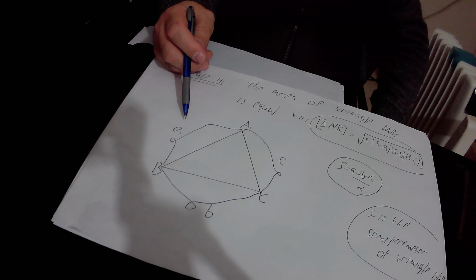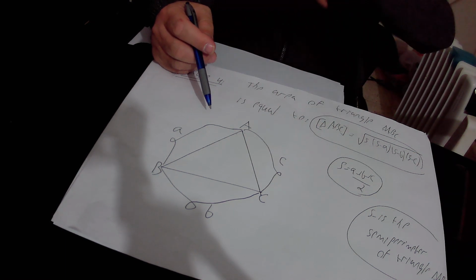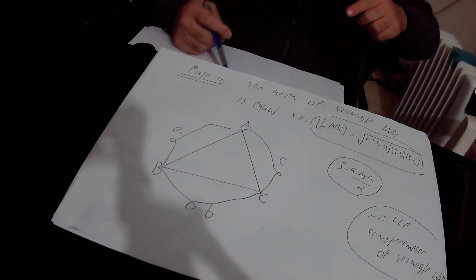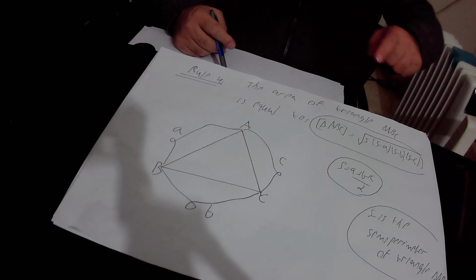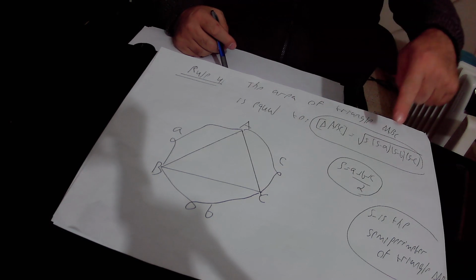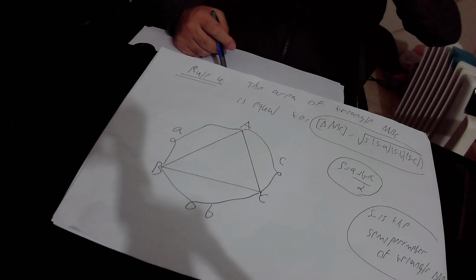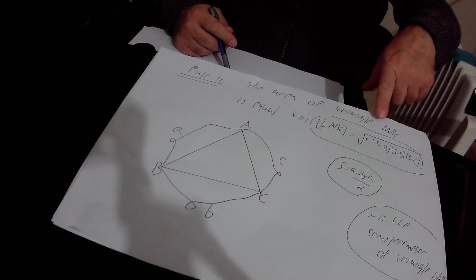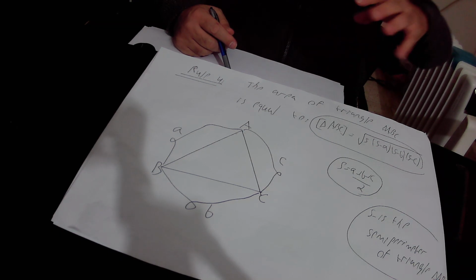The area of this triangle ABC, according to rule number 4, equals the square root of S times S minus A times S minus B times S minus C, all under the root.